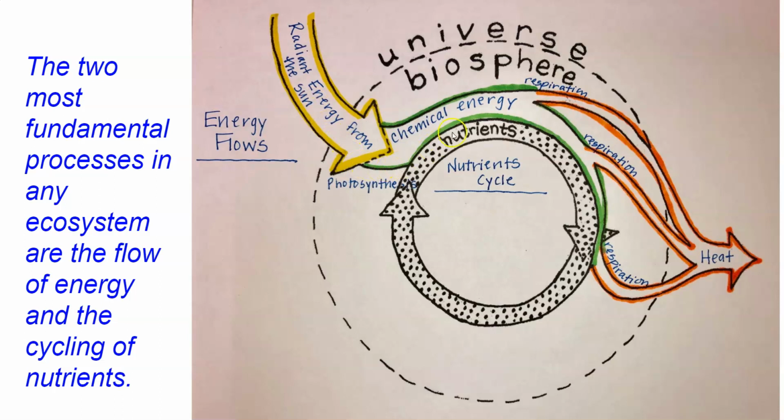That's then absorbed by autotrophs through photosynthesis, who turn that radiant energy into chemical energy. They turn energy from the sun into energy that's stored as food, usually as glucose. That chemical energy can then be used by the autotroph or might be consumed by a consumer and passed on the food chain.